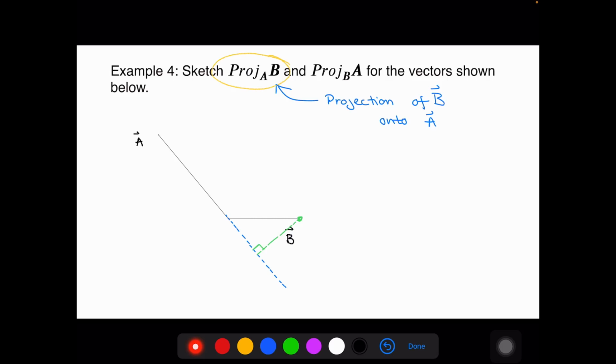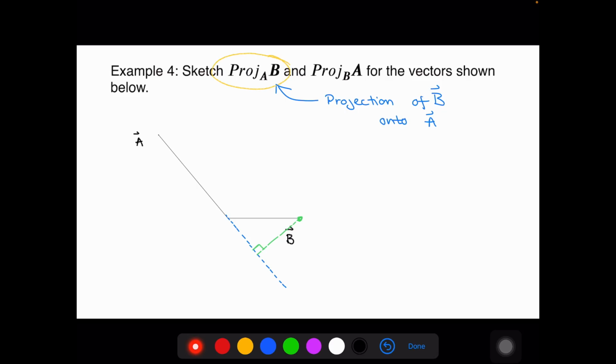So this is the component of B in the same direction as A. And so I went ahead and extended the line for vector A. I did that in blue. So I just extended it as far as I would need to make my projection. And then I went to the end of vector B, and I dropped a line down to vector A. I did that in green.